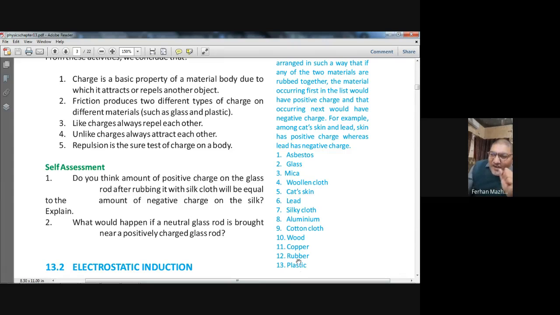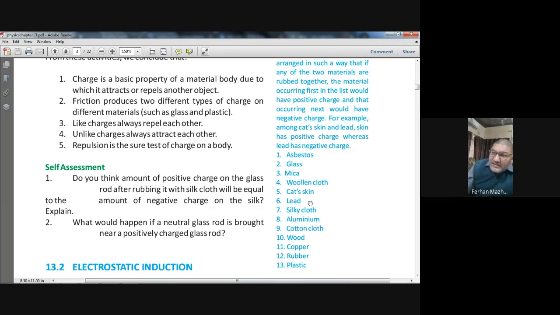The reason is the electrons from the silky cloth will be transferred to the plastic. Because the silky cloth has lost electrons, that's why it will become positive. And because the plastic would gain electrons, it has become negative.